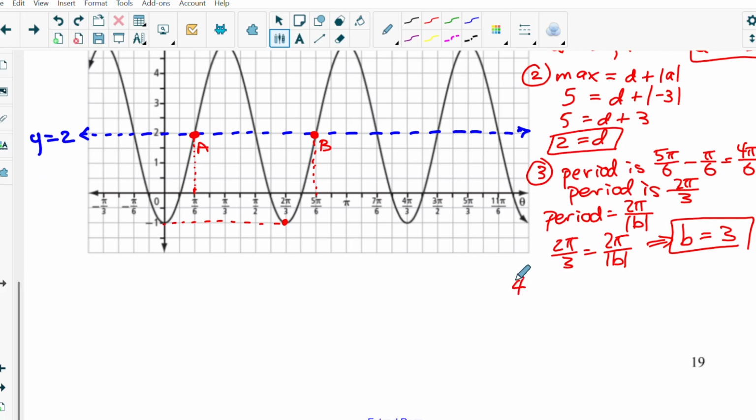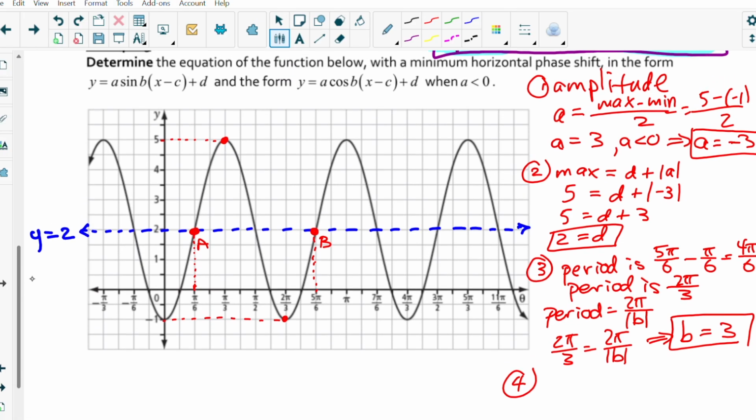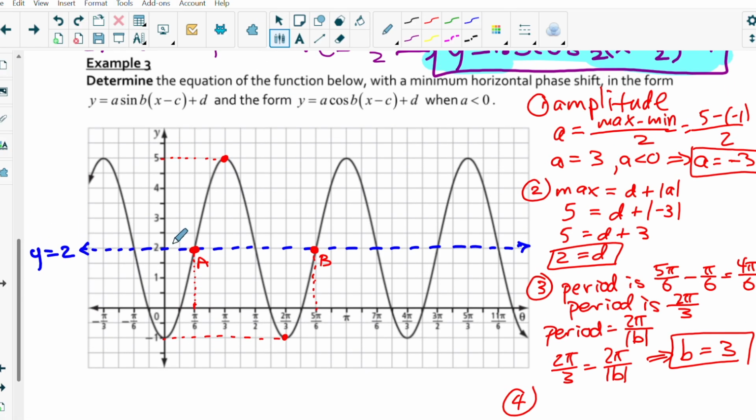4. Let's look at our horizontal phase shift, our C value. I'm going to label two things on the horizontal axis. So the sinusoidal axis. Let's label point C right here, and let's label point D right here.